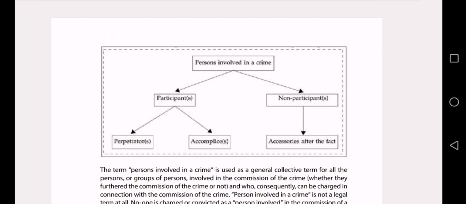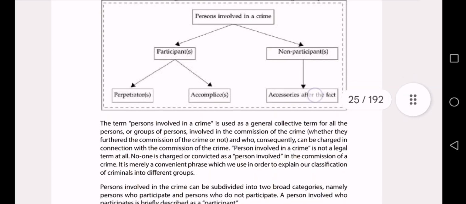Here is the diagram. Persons involved in a crime: participant and non-participant. Participants: there is a perpetrator, there is an accomplice. Non-participants: accessories after the fact. Then we move on.